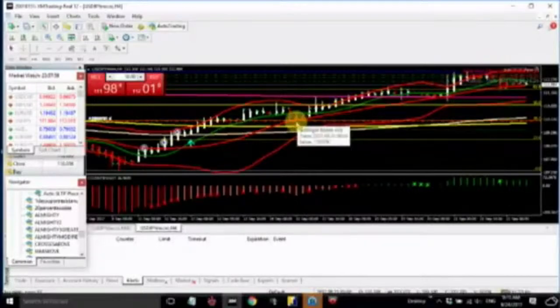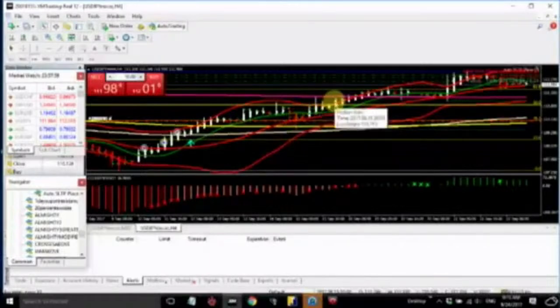See what happened here. After the price touched the middle band of the Bollinger Band period 20, the price shot back and returned to the original trend. Have you seen? Touching the middle band, shooting to the original trend. Good.